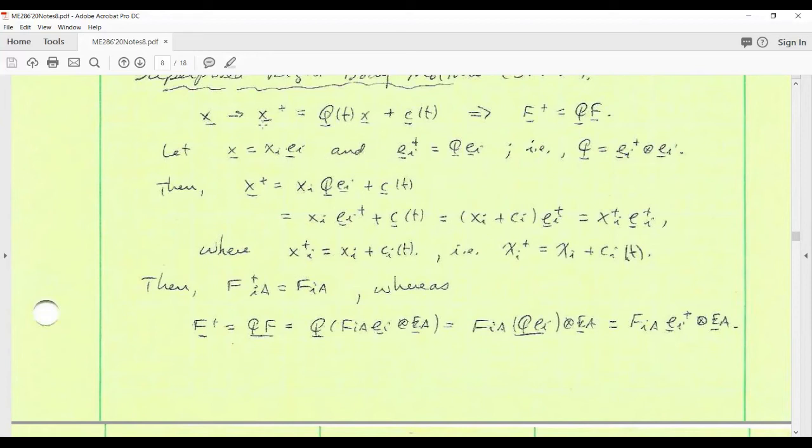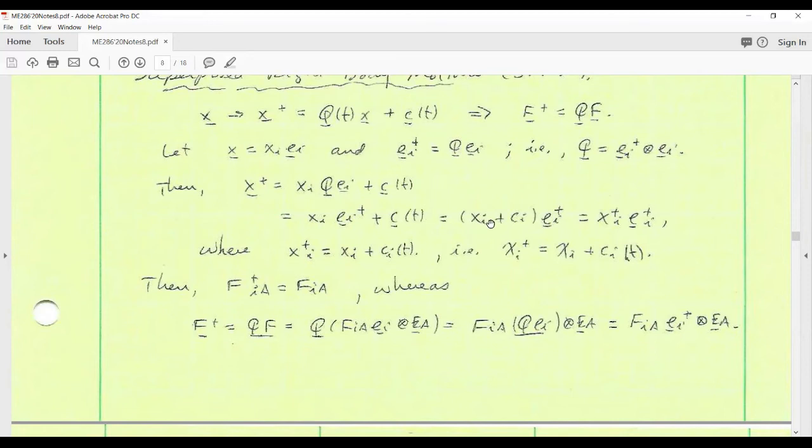So then x plus, small x plus, is x_i, put x here, that's x_i Q e_i plus c of t. Q e_i is e_i plus, c of t. We can decompose c in the basis e_i plus, write the components as c_i, right? With e_i plus only a function of time because of Q. So the c_i, because c is only a function of time, c_i will only be a function of time also.